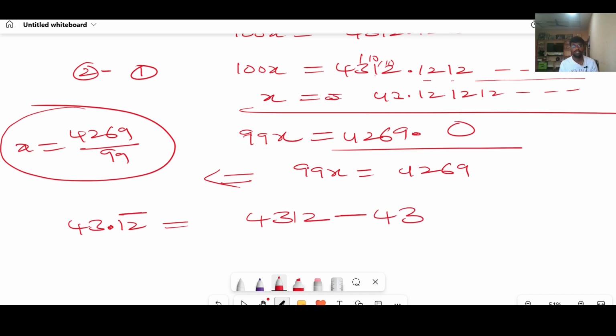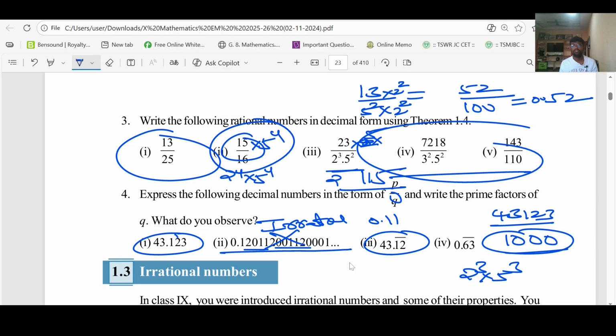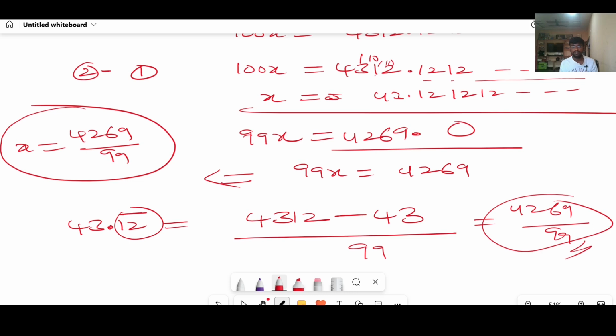Subtract that 43, by how many digits are recurring after the decimal? 2, so 99, right? You will get the answer 4269 by 99, right? This is the answer. That means you can write the fractional form of this number as 4269 by 99.